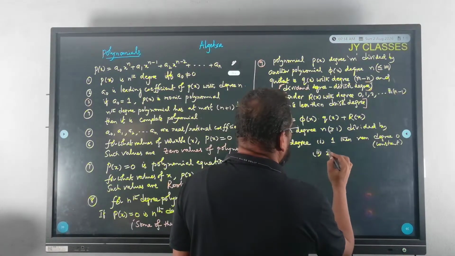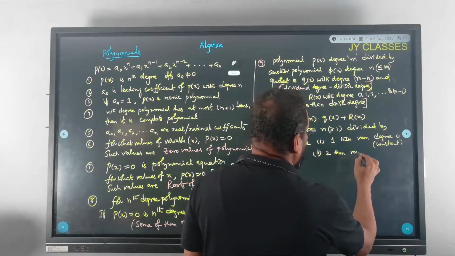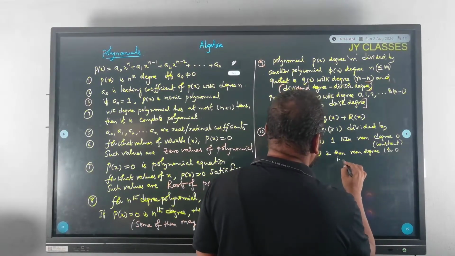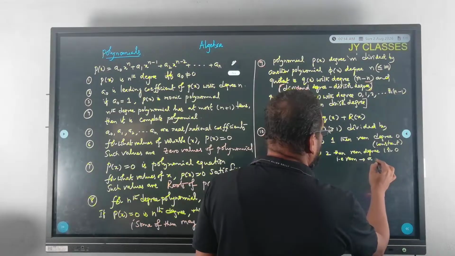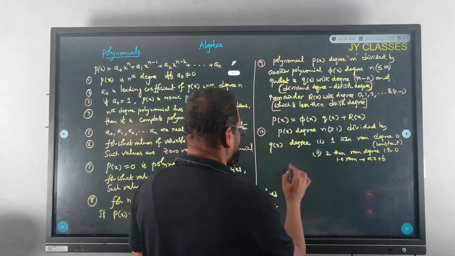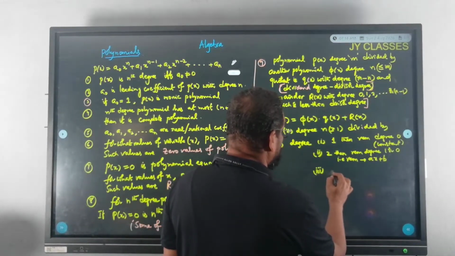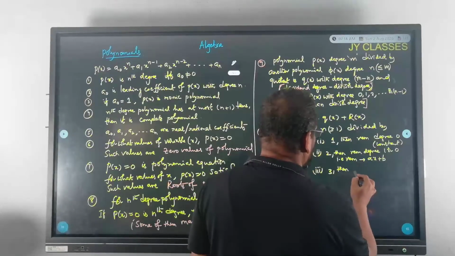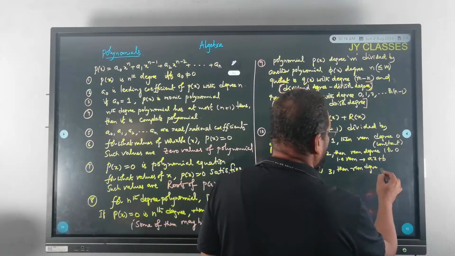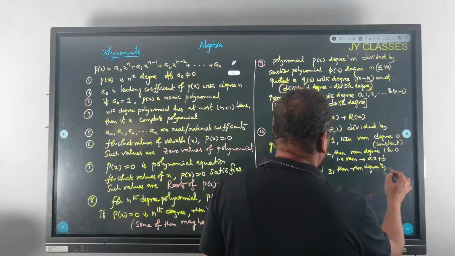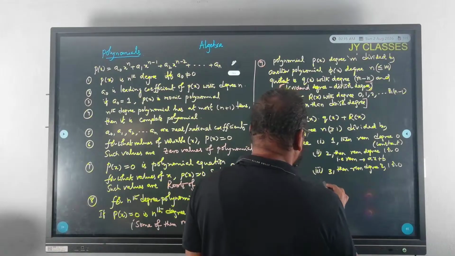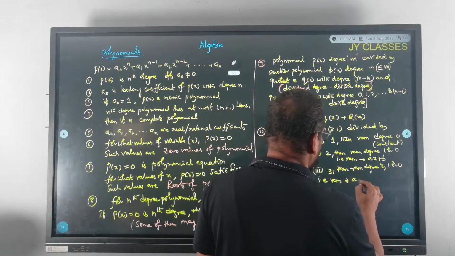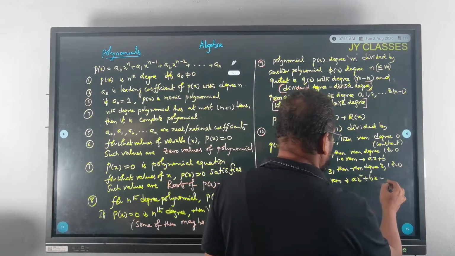Divisor degree 2, then remainder degree 1 or 0, that is, the remainder is of the form ax plus b. If g of x has degree 3, then remainder degree is 2, 1 or 0, that is, the remainder is of the form ax square plus bx plus c.